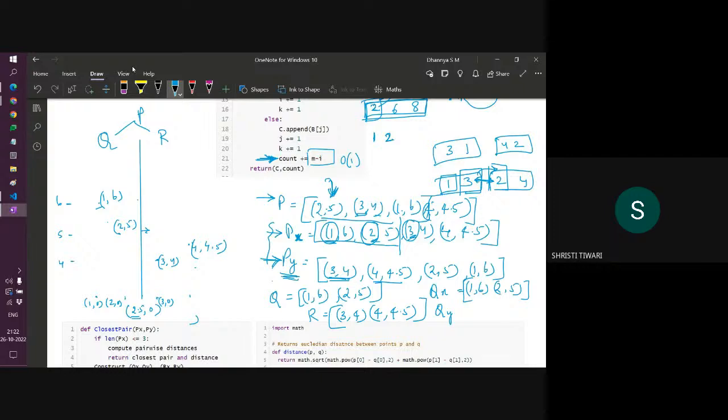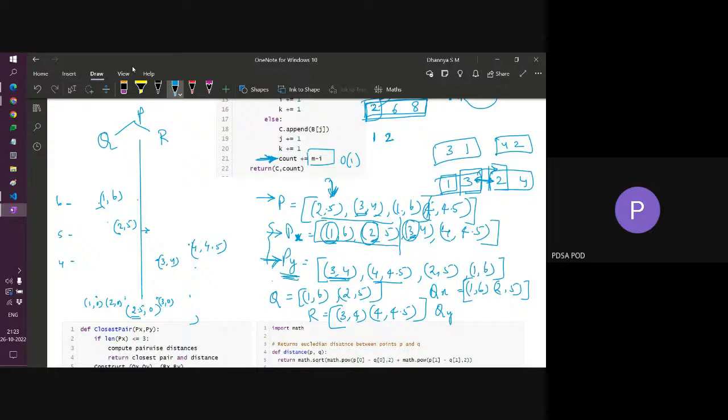Q and R are a partition of P based on x coordinates, but Q and R have nothing to do with Qx and Qy. You are partitioning the points in P into Q and R. Px and Py are not a partition; it is just an order. Q and R are partitions of P based on a certain constraint.